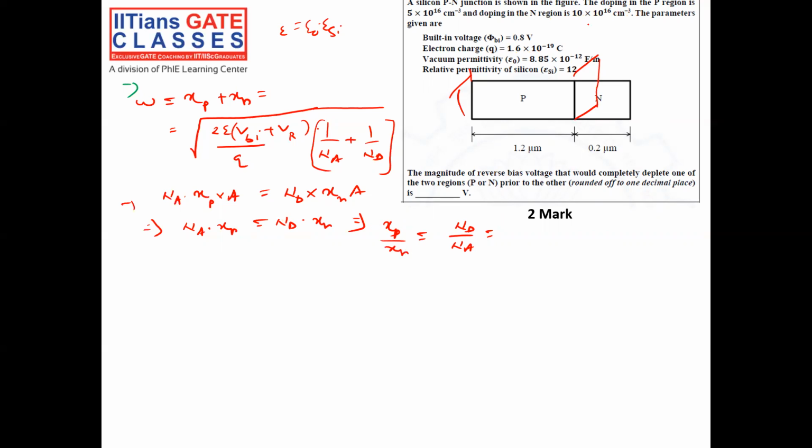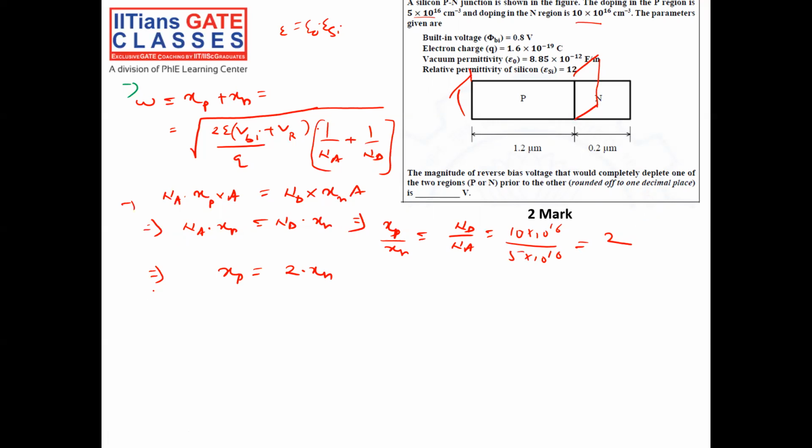Nd is 10 into 10 to the 16, and Na is 5 into 10 to the 16. So 10 into 10 power 16 divided by 5 into 10 power 16 is equal to 2. This simplifies to XP equal to 2 times Xn.